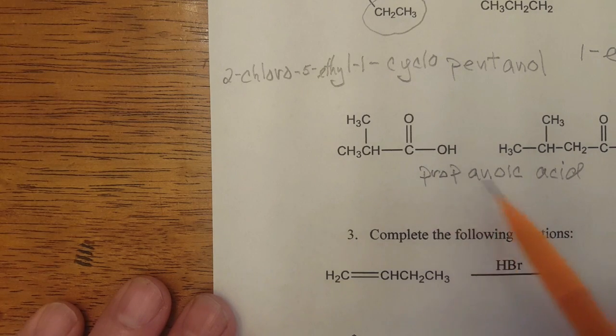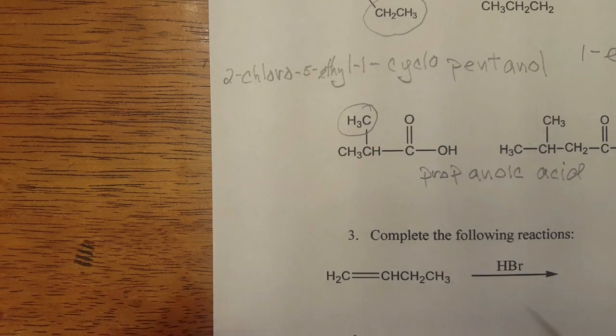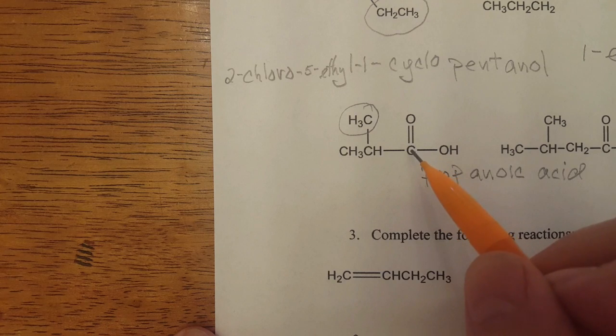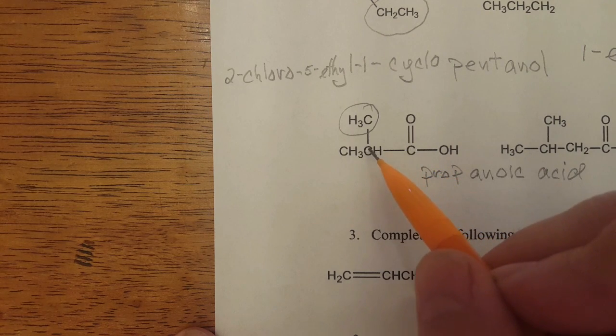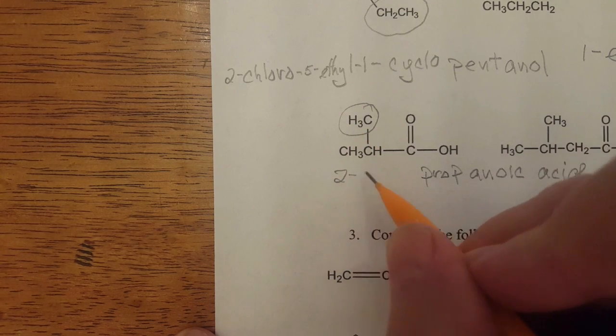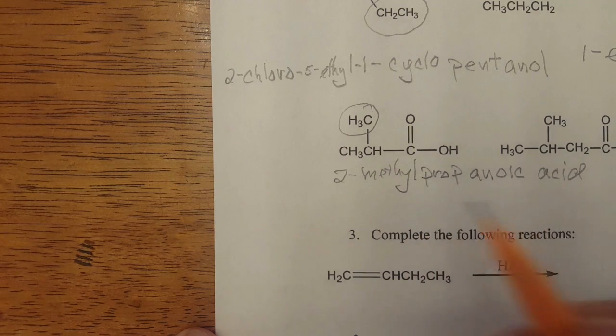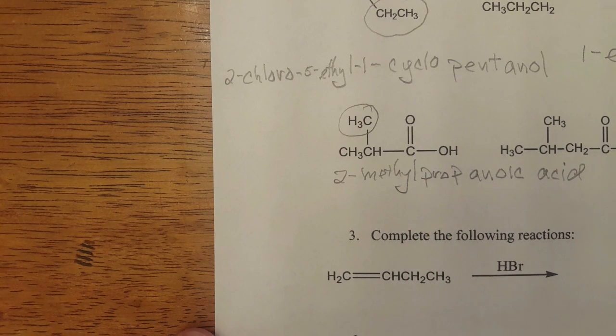So this is propanoic acid. There is a substituent group we have to account for. Counting in this direction, that's going to be 1, 2. It's bonded to carbon 2, and it's a methyl group. So this is going to be 2-methyl propanoic acid.